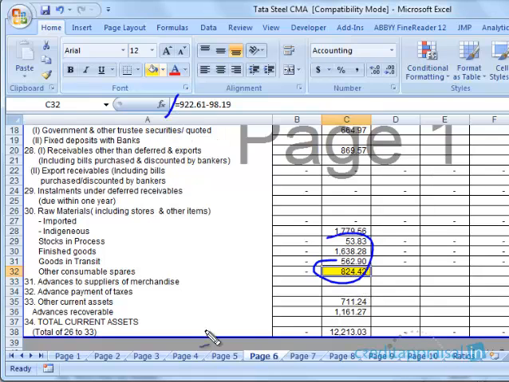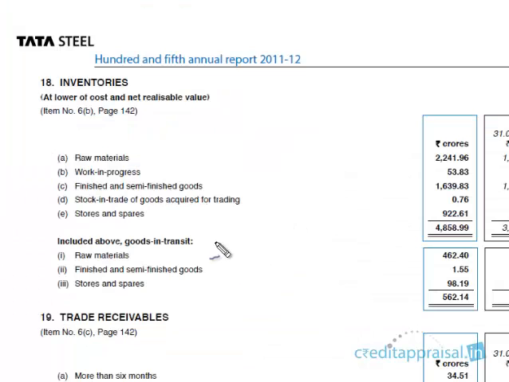So this includes 922 crores on the consumable spares. Okay. Now, included above is goods in transit. Again, this is not something you're going to see very regularly. So in this balance sheet that item is there. So this 562 is pertaining to goods in transit, but it's not a separate figure. This is included in the above figure. So what we'll do? See, this raw material is 2241.